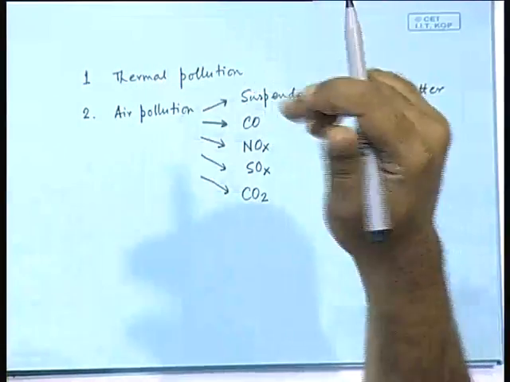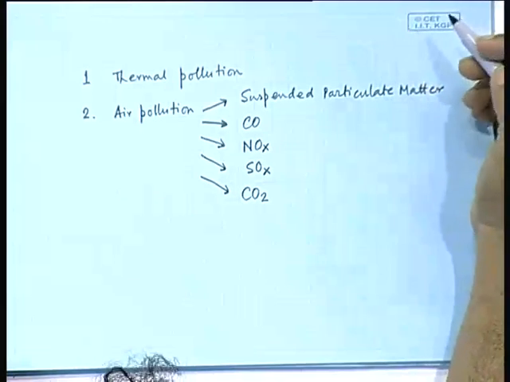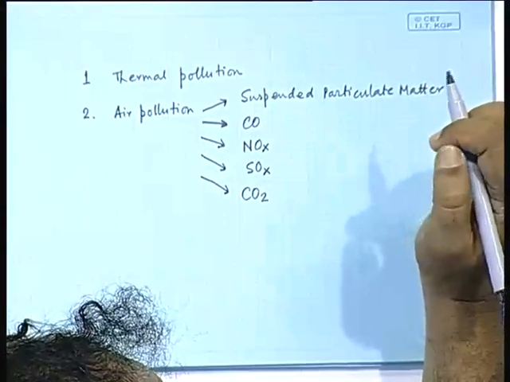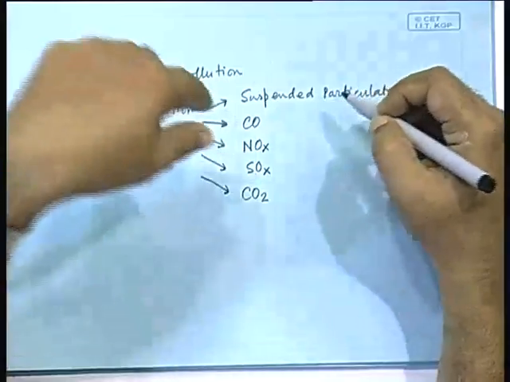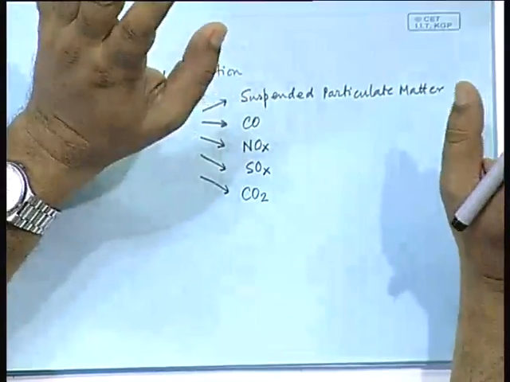That means the coal mines in Jharkhand, Bihar and western West Bengal, and this coal contains a large amount of ash, like 40 to 50% ash. That ash obviously results in the suspended particulate matter.